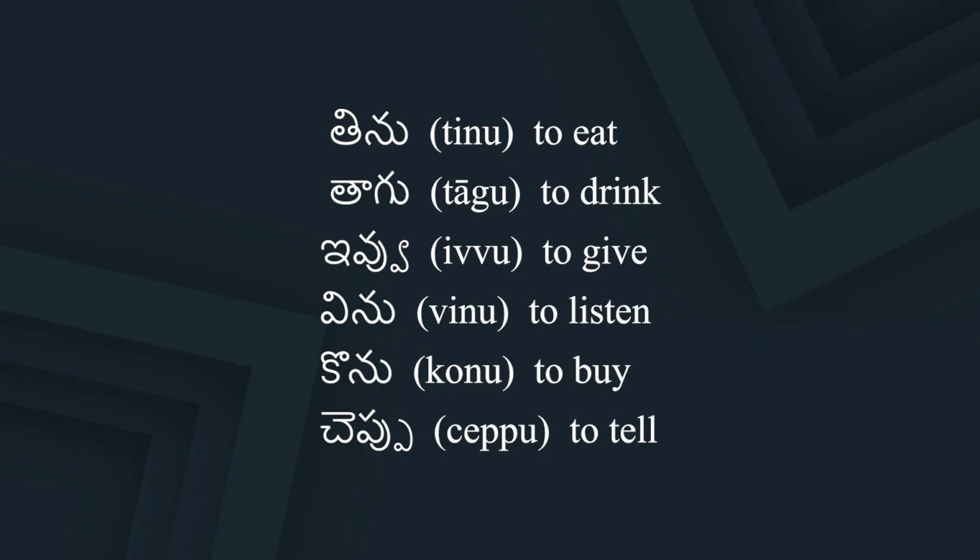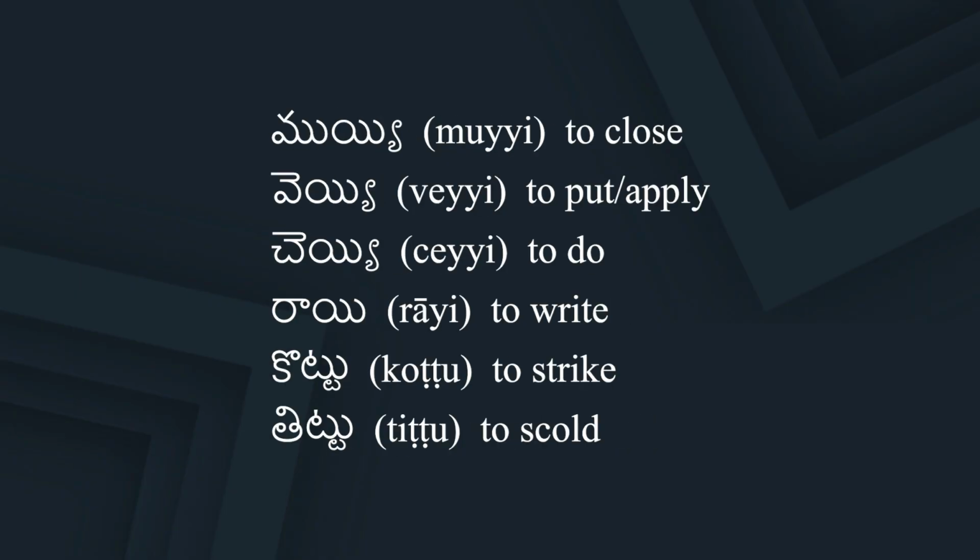Tinu, which means to eat. Tagu, to drink. Ivvu, to give. Vinu, to listen. Konu, to buy. Cheppu, to tell. Muyyi, to close. Veyyi, to put or apply. Cheyyi, to do. Rayi, to write.